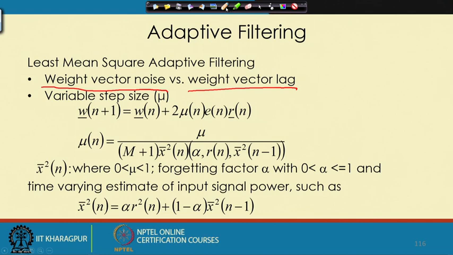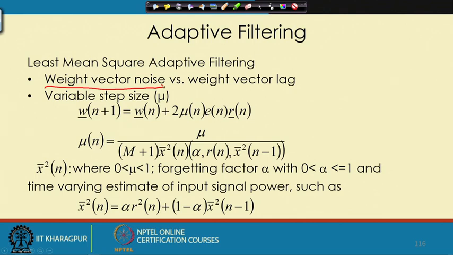On the other hand, if we increase the value of mu, what will happen? The updation would be faster, but near the convergence, let us assume we have chosen it in such a way that it does not cause any problem in the stability of the filter, still as we have increased mu, the updation is happening all the time even after the convergence. So, there will always be a change in the error, and after the convergence we see that the noise is more.